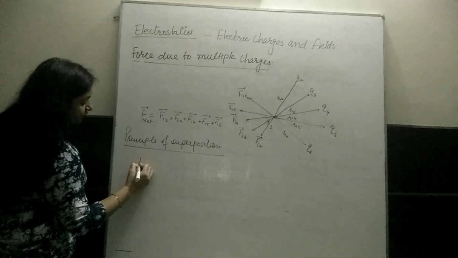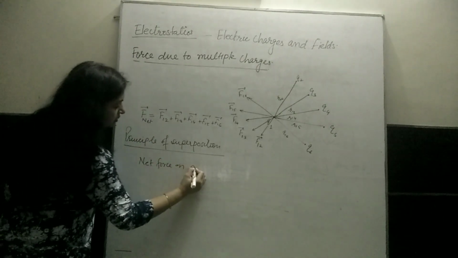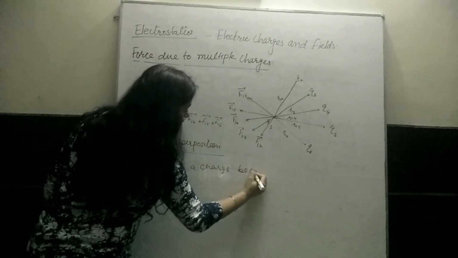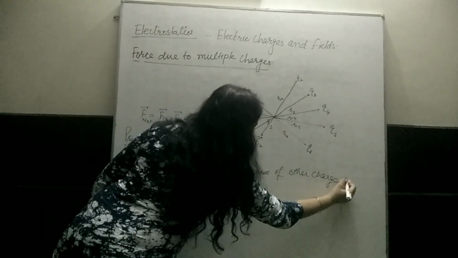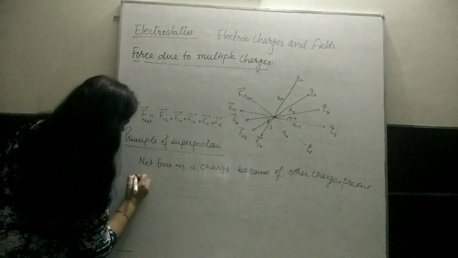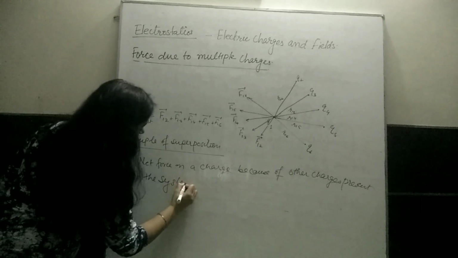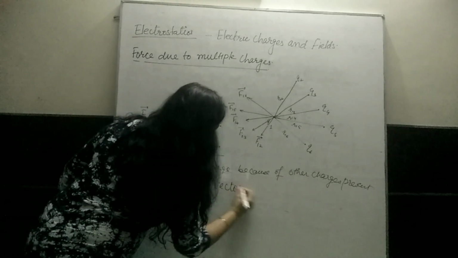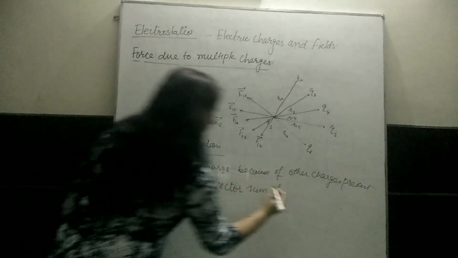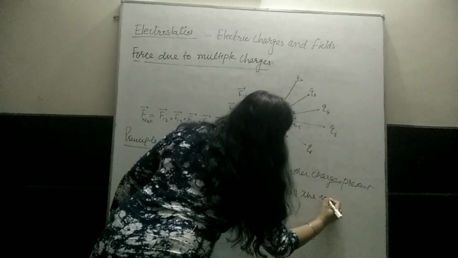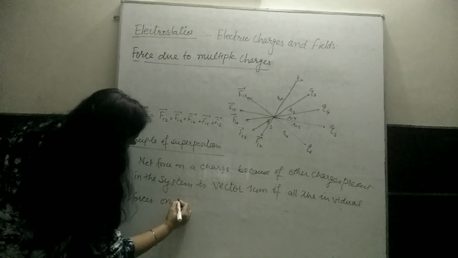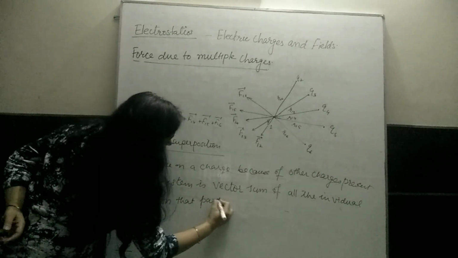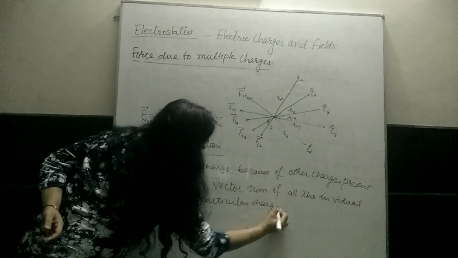And the second thing: the net force on a charge because of other charges present in the system is the vector sum of all the individual forces on that particular charge.